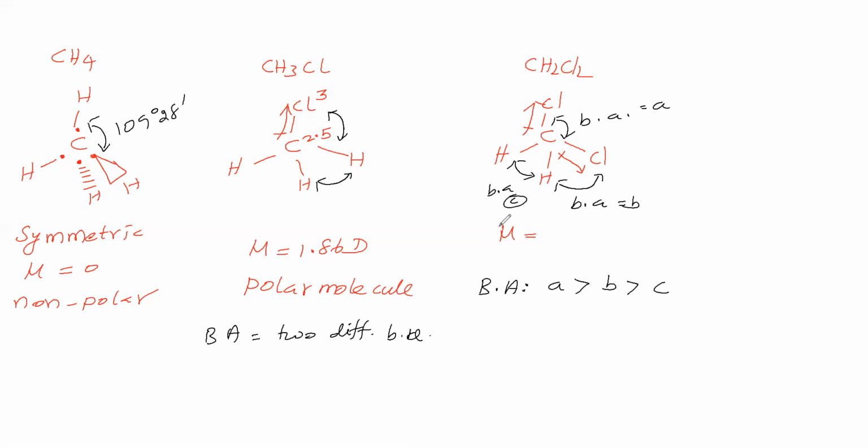So how is the dipole moment for this molecule? That we will see. The dipole moment of this molecule is smaller than this. Why is the dipole moment here smaller than this one? Because this CCl bond angle is smaller than this bond angle.